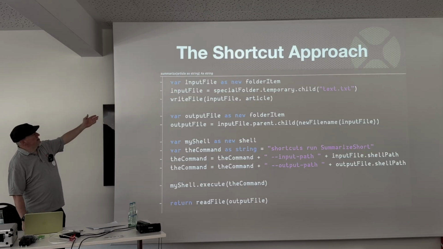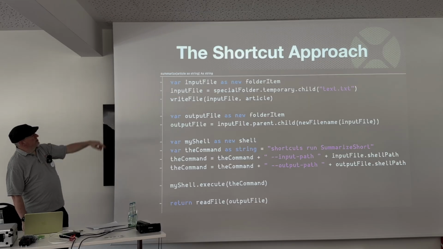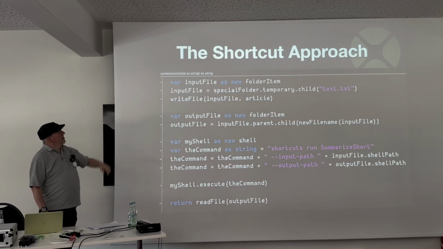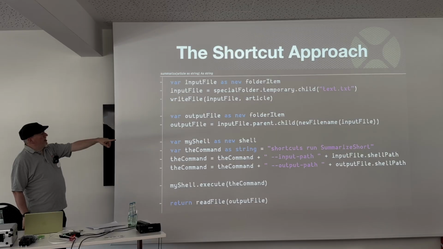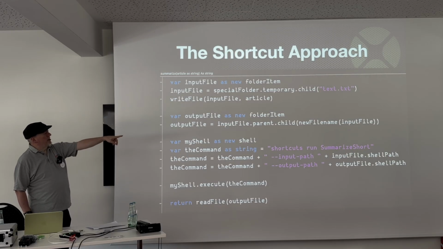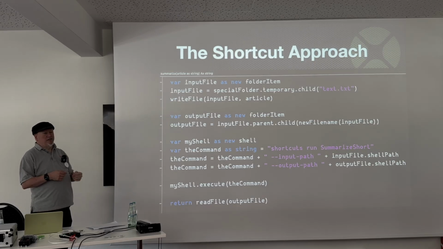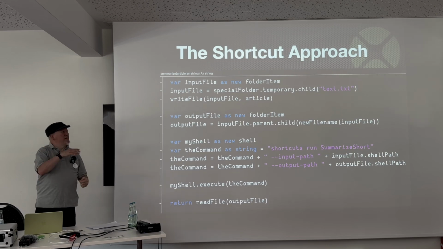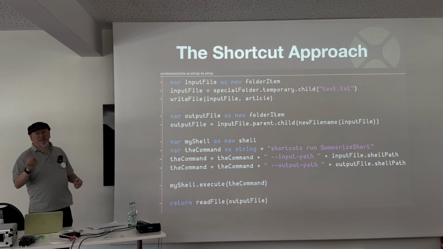The way this works is we create a temporary file, and we're just using a special folder, temporary. We create an output file, which is very much the same. I have a utility method that I created called NewFileName, which just creates the same file name as the first one, but it appends a -c in the name, so it'd be test-c.txt.